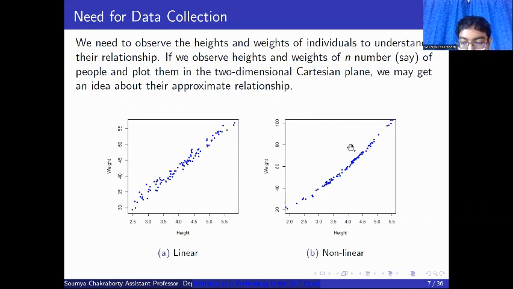And this is the second scenario where they are non-linearly related, a little bit quadratic or exponential in nature. So by observing these data and scatter plots, of how usually heights and weights of a group of people are related, we have to guess the choice of that function f.